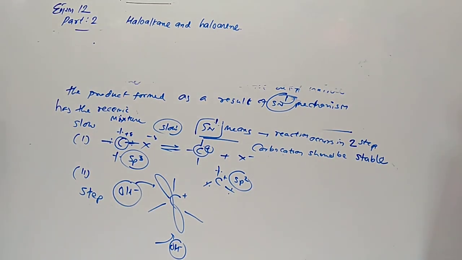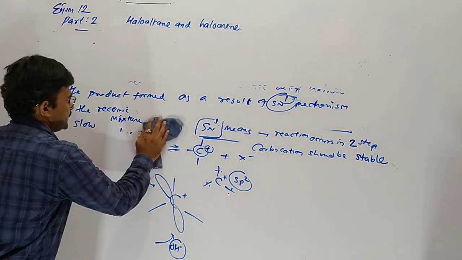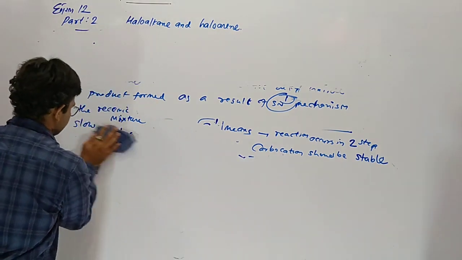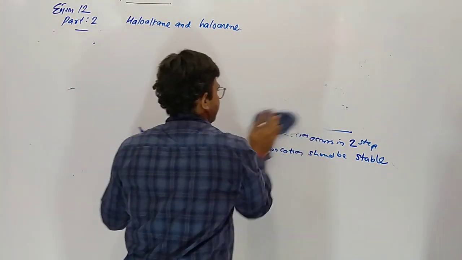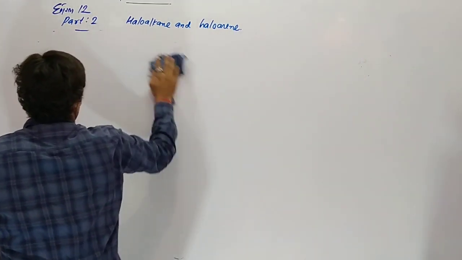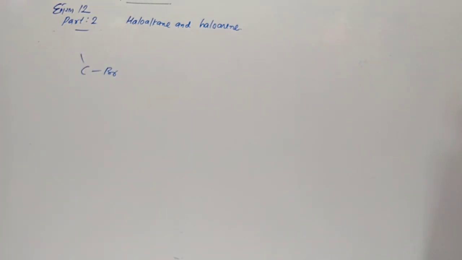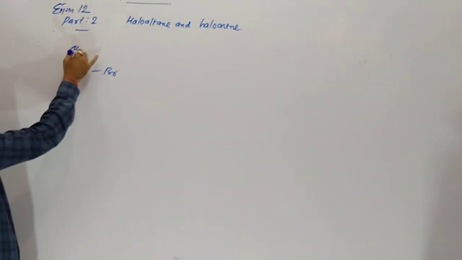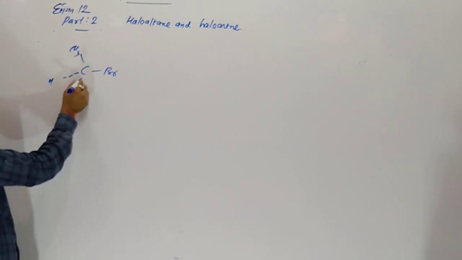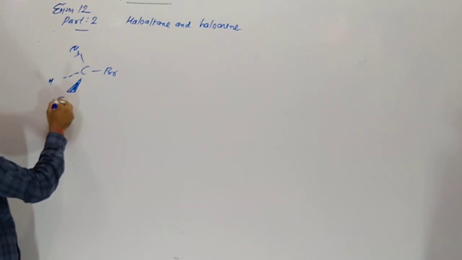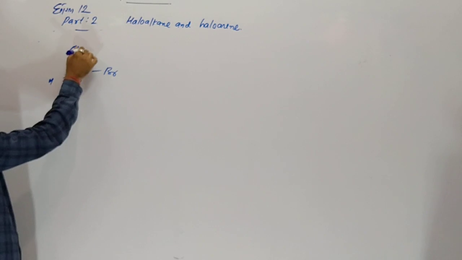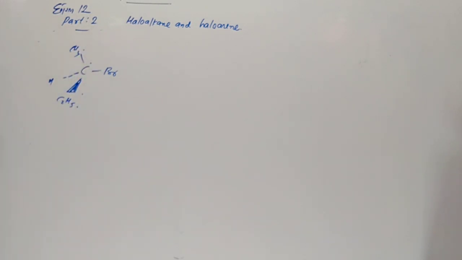Now we are taking the example 2-bromobutane. In 2-bromobutane, here is bromine, here is CH3, H and ethyl, carbons 1, 2, 3 and 4.